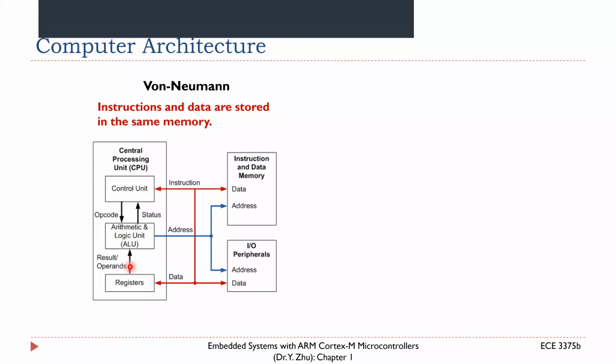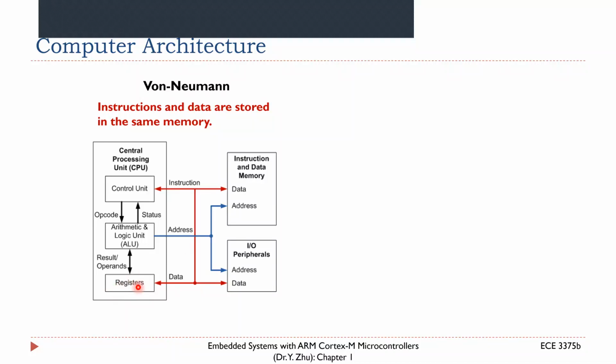For example, if the instruction is adding two registers, the CPU usually has several registers. Each CPU has a fixed number of registers, and registers, as you know from the digital logic course, are locations of memory, a bunch of flip-flops that store data, but compared to the memory, registers are much faster.